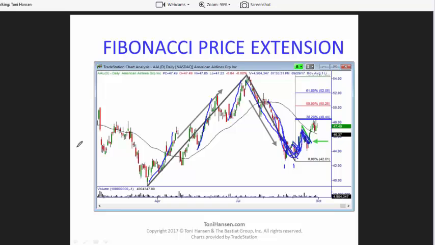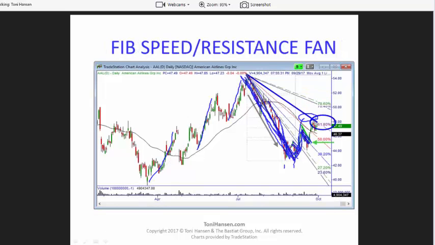And when we go and add the extension levels here at this point now, we can look at what is this pullback level offering for the extension on the upside? And when we compare it to this pullback here, we have a 38.2% level that is serving as resistance. Now, let's go back and look at adding the fans to this.